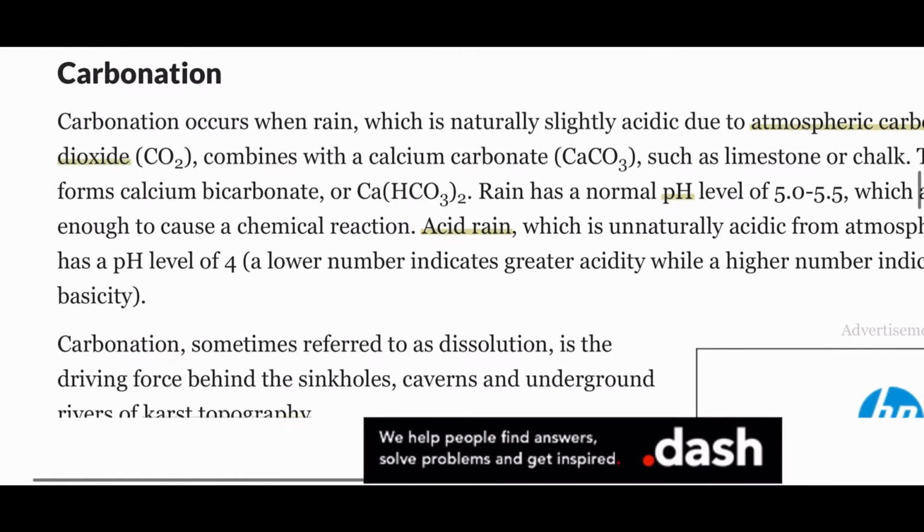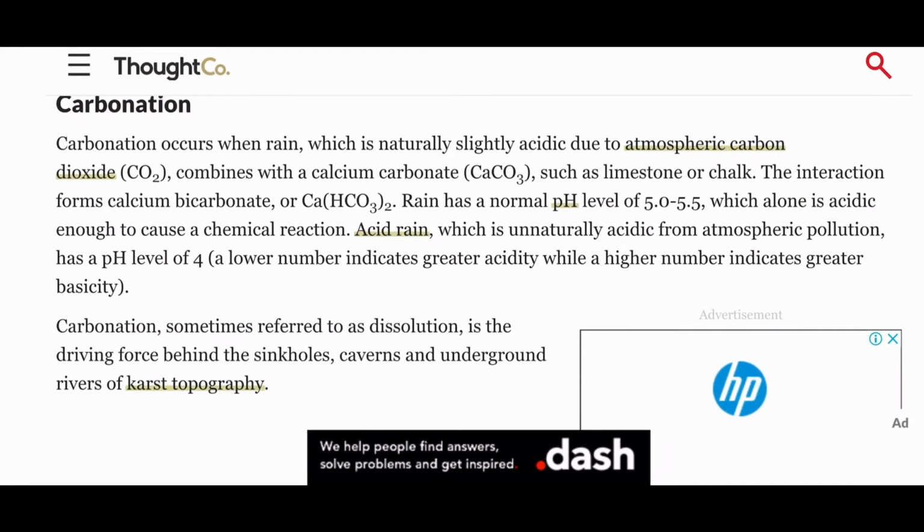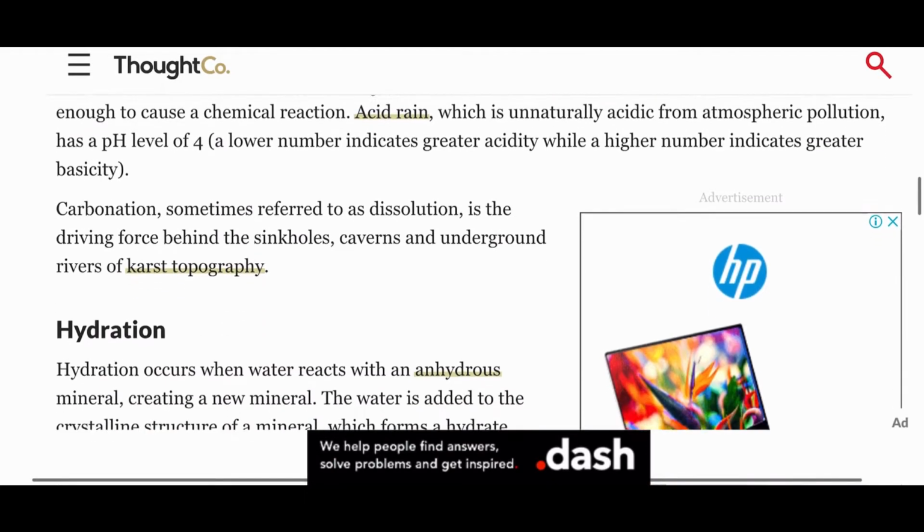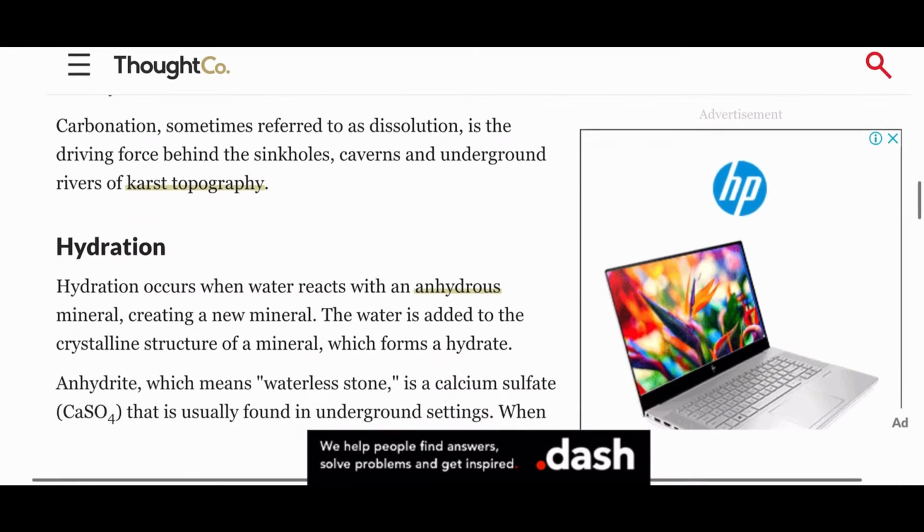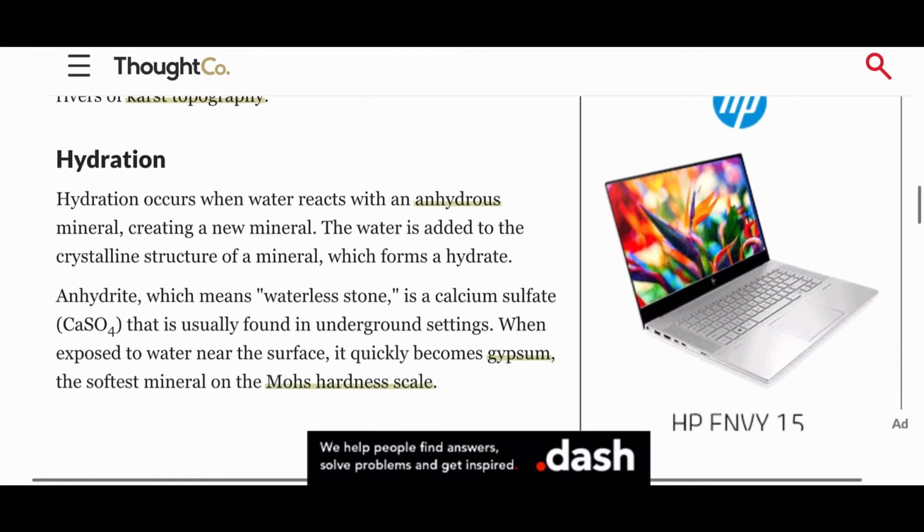Mainly it is caused by carbonation, which is about carbon dioxide reacting with water to form a mild carbonic acid, which has quite a low pH level, for example a pH value of 4, and it happens in karst topography. And then hydration, mainly because it's about calcium sulfate.